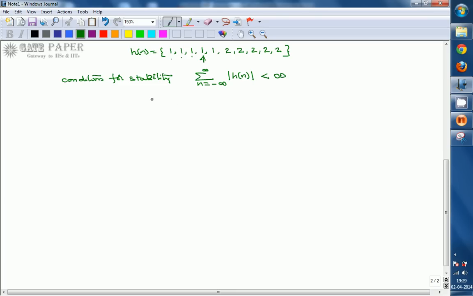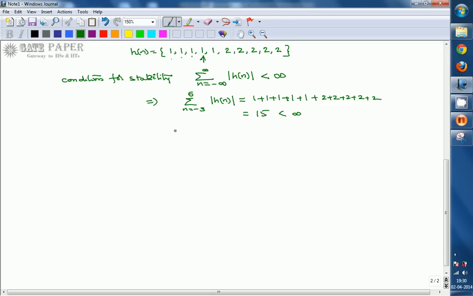Coming to our impulse response, summation n equals minus 3 to 6 of mod h of n equals 1 plus 1 plus 1 plus 1 plus 1, and we have 2 plus 2 plus 2 plus 2 plus 2, and this is totally 15. So this is less than infinity.